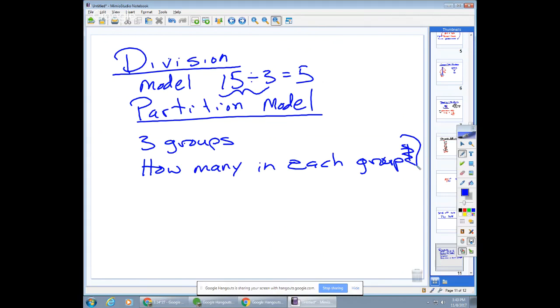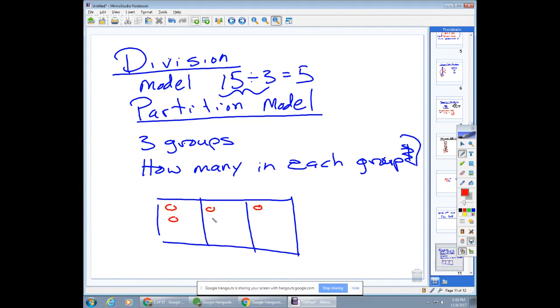So to act this one out, we have to make our 3 groups any way you want. Sometimes I draw 3 circles. That's not too important as long as you have 3 containers to put stuff in. And then you start depositing the 15 things in there until you can't anymore. 1, 2, 3, 4, 5, 6, 7, 8, 9, 10, 11, 12, 13, 14, 15, and I don't have any left over.